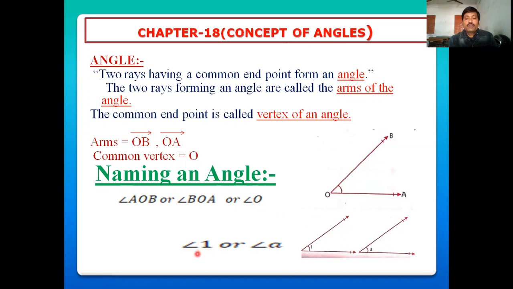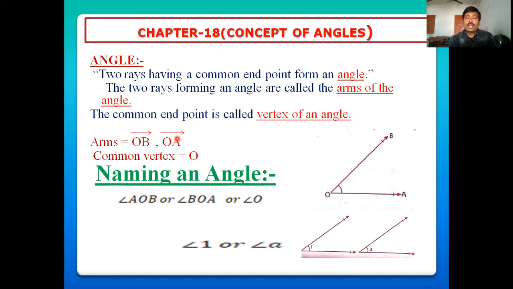And if the angle is given by a quantity, here 1 and A, then it can be said angle 1 or angle A.